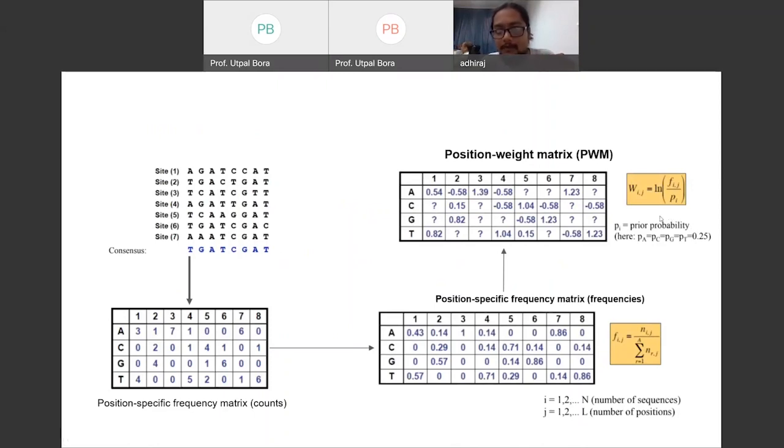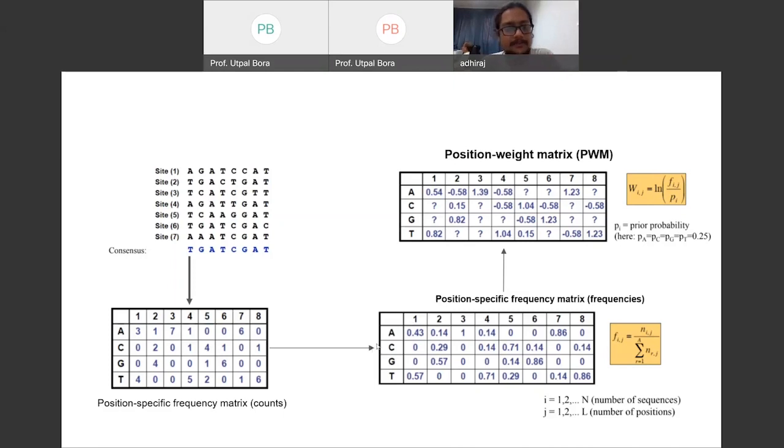This is the prior probability. So we divide 0.43 by 0.25 and take the natural log, and that is the position weight matrix. As simple as that. There's nothing complicated, I hope.